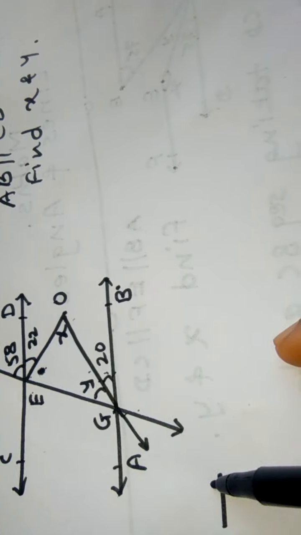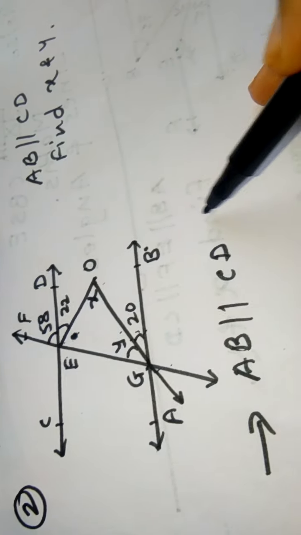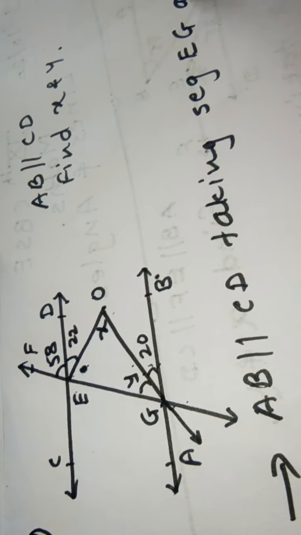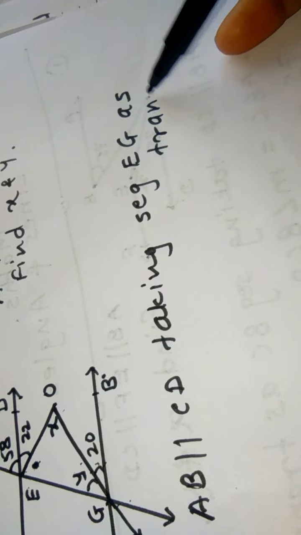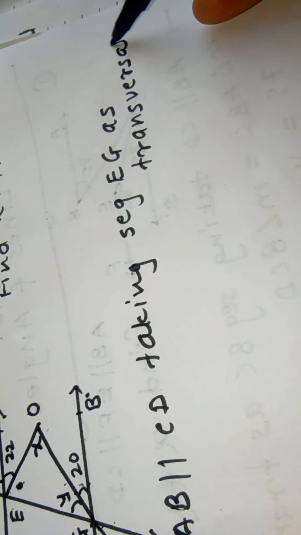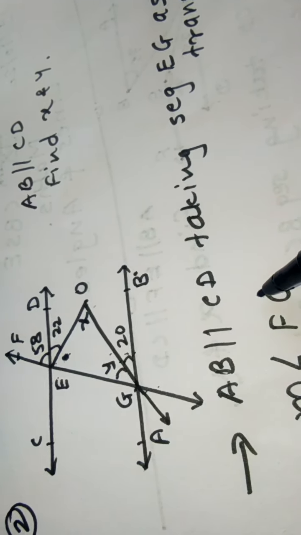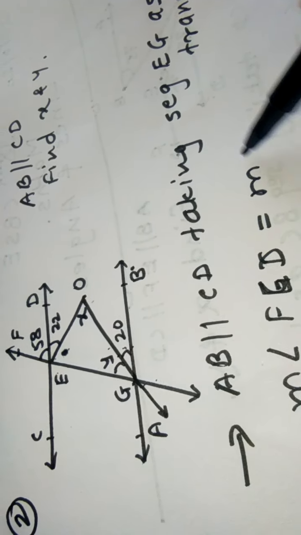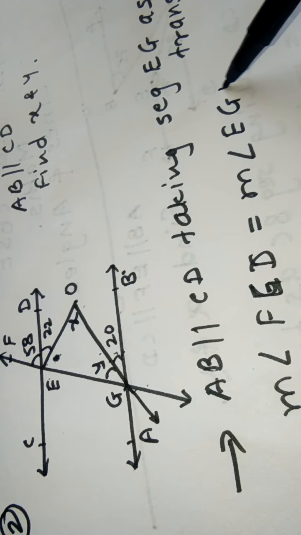Now see the solution of this. AB is parallel to CD, taking segment EG as a transversal, then measure of angle FED is equal to measure of angle EGB.